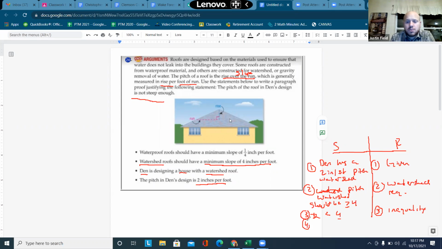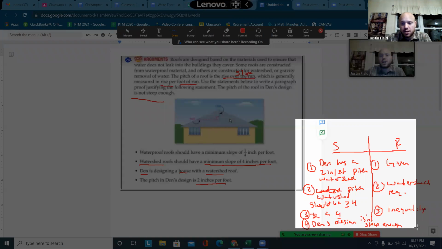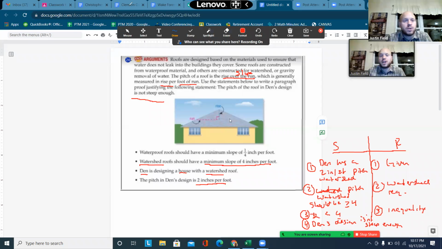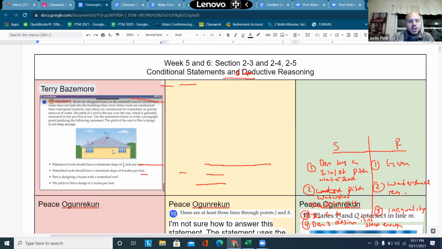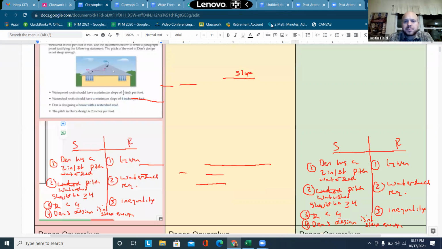And so because 2 is less than 4, then Dan's design isn't steep enough. Sorry, buddy, your design is not steep enough. Okay, so I just had to read through it and think about it. But when I saw those requirements, it became pretty clear.